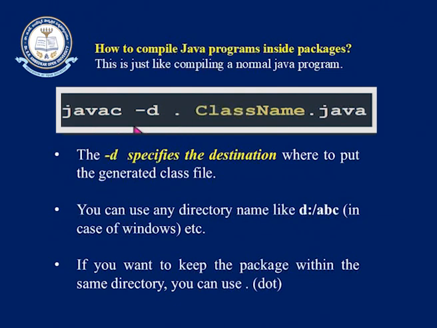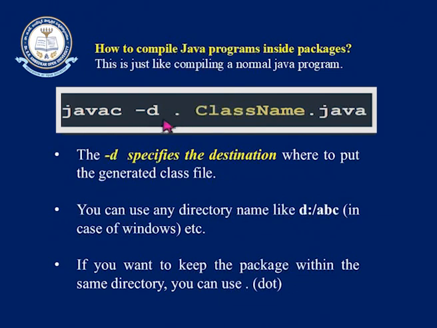That syntax is: javac space -d space destination space class name dot java. So, this is the syntax to compile the class files, to compile the code within the package folder. And here javac is nothing but the Java compiler; this is the general syntax we use to compile a common program also.